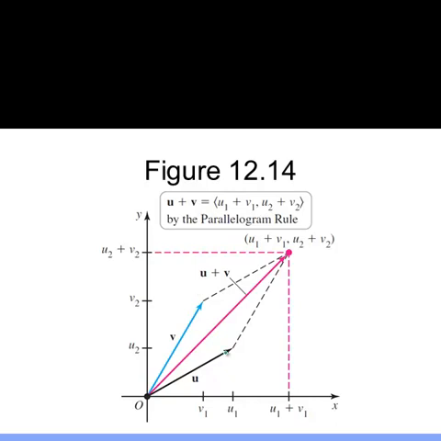Vector u has components u sub 1 and u sub 2, and we have vector v with components v1 and v2. And then using the parallelogram rule, u plus v will take us out to here. You see the red vector.